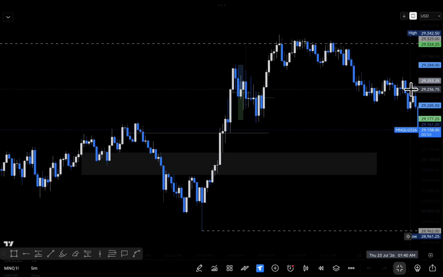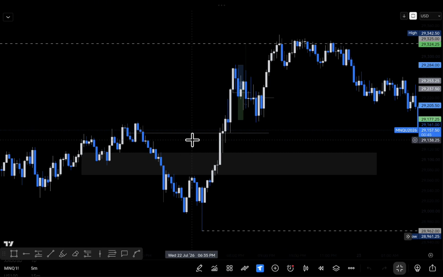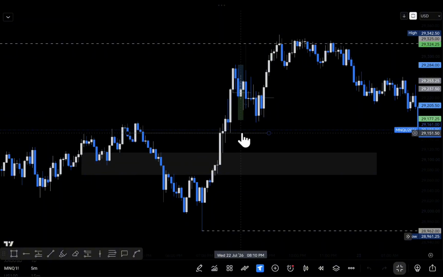Let's go with today's review, or let's say preview. So as I have said before, my plan was to move bearish because everything was bearish, and then H1 ended up being bullish while breaking above this area.